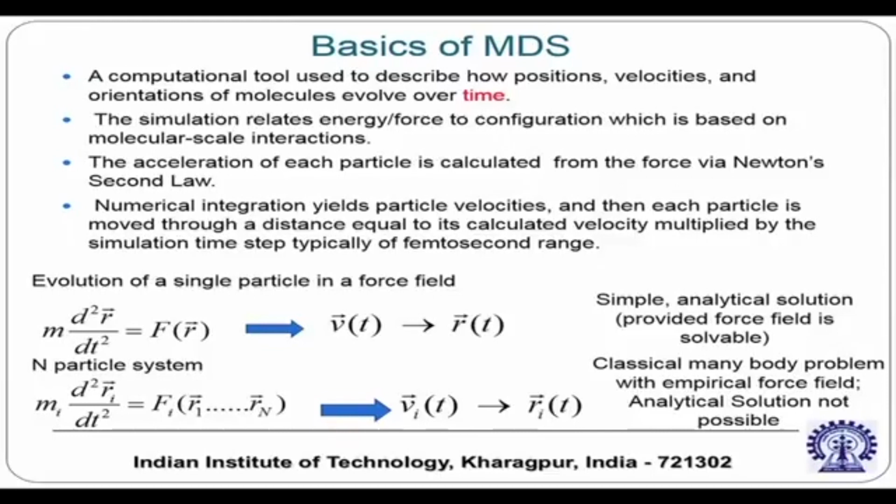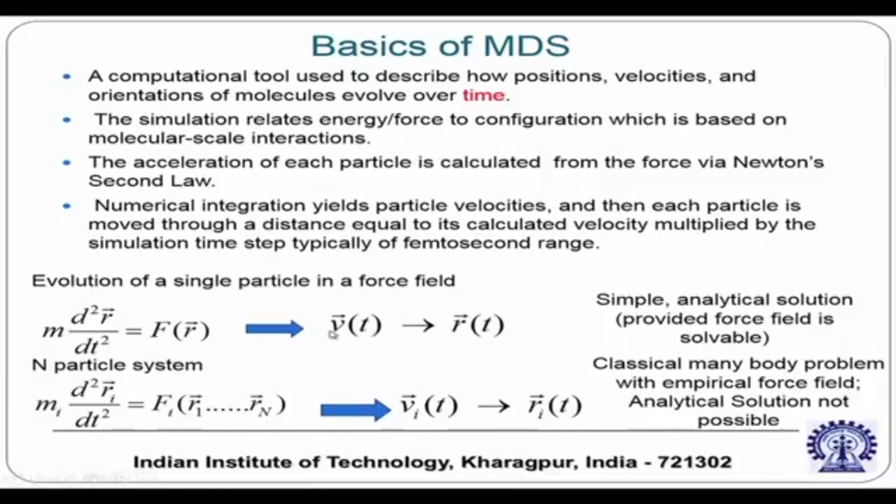There are attractive potentials, there are repulsive potentials, and these can be directly captured by the potential rather than the force, but of course you can get the force from the potential. So then you can get the velocity, and one integration will give the velocity. I will show the integration schemes, and then you integrate it once more, you get the position vector.